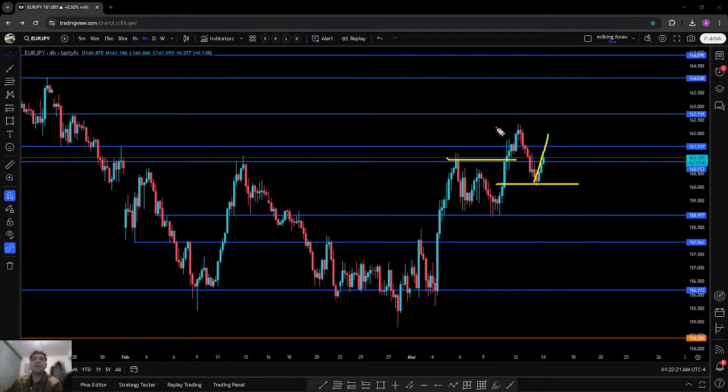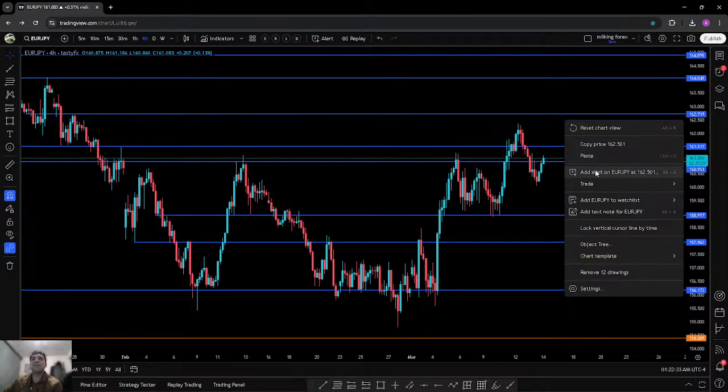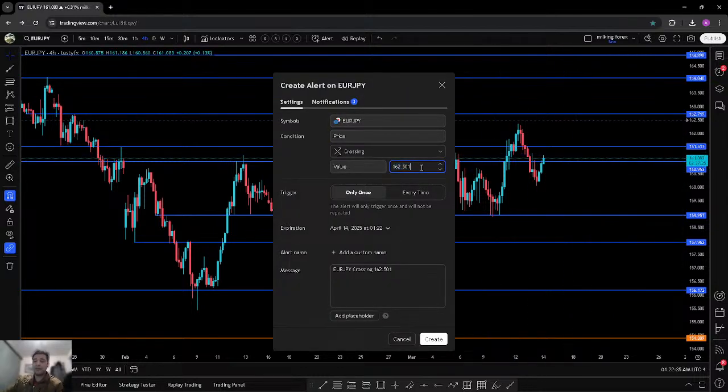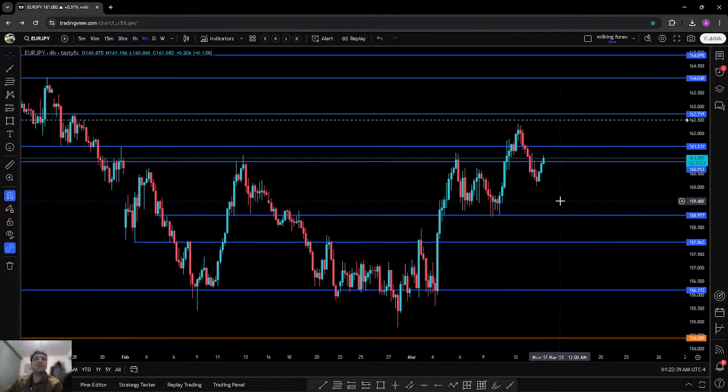So we would be waiting for this point, and in that case I would love to see the prices come around the 162.500 level and start failing from that point, so that can give us a good opportunity.